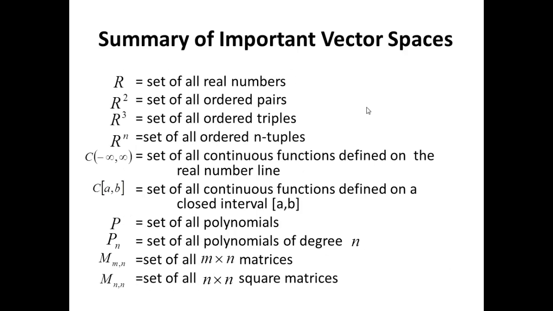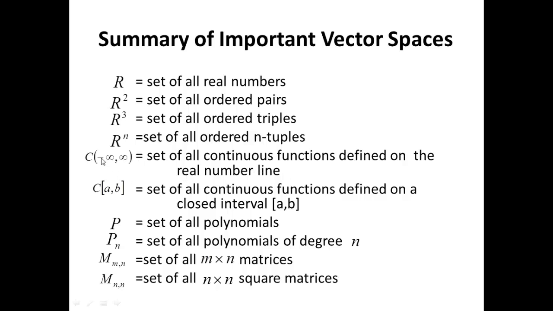Here is a summary of some very important vector spaces. Number 1, the set R of all real numbers; R squared, the set of all ordered pairs, 2-dimensional planes; R3, the set of all ordered triples; Rn, the set of all ordered n-tuples; and C of negative infinity to infinity, the set of all continuous functions defined on the real number line.